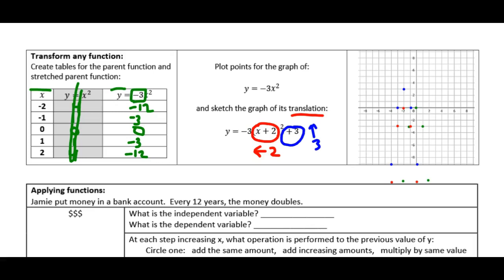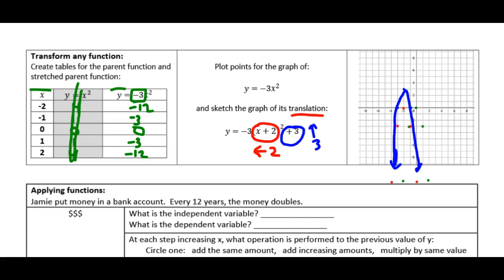So let's do that. Oh, put those back. And we get something that looks like that. Little arrows pointing down. You can see the original, from the original green dots, it moved left 2 and up 3. And that gives us our final position there.